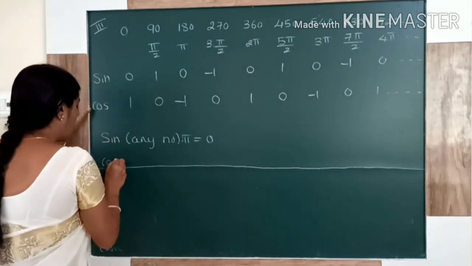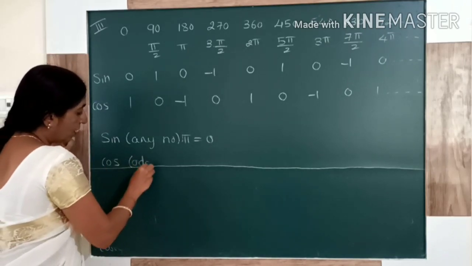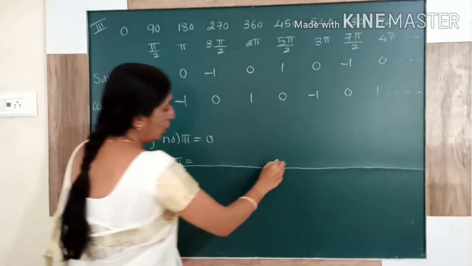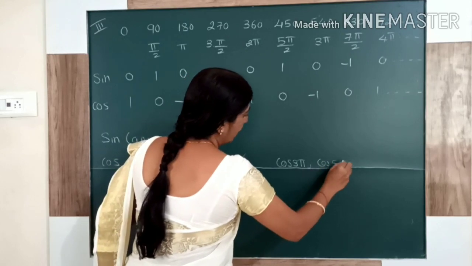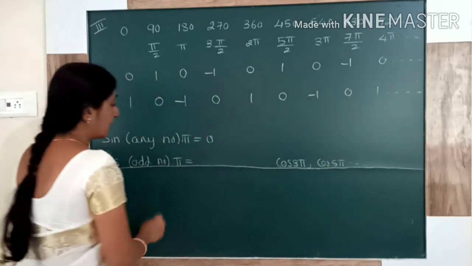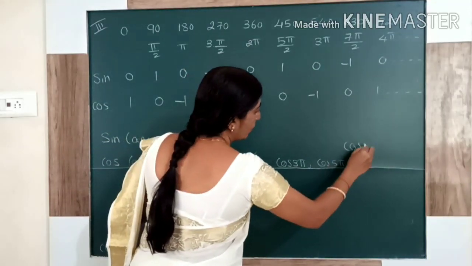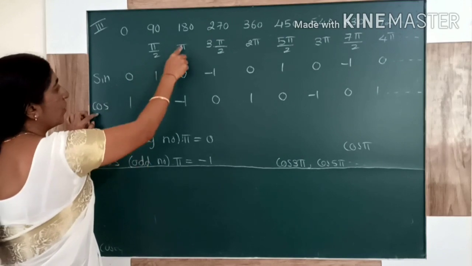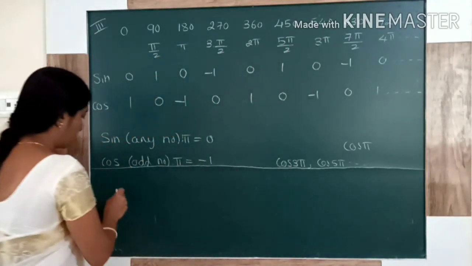Then tell me what you are observing. Cos of odd number into pi. For example, odd number means cos 3 pi or cos 5 pi like that. At that time the answer will be -1. Even cos pi is also odd number because its coefficient is 1. See, cos 1 pi, cos 3 pi. What is the answer? -1.